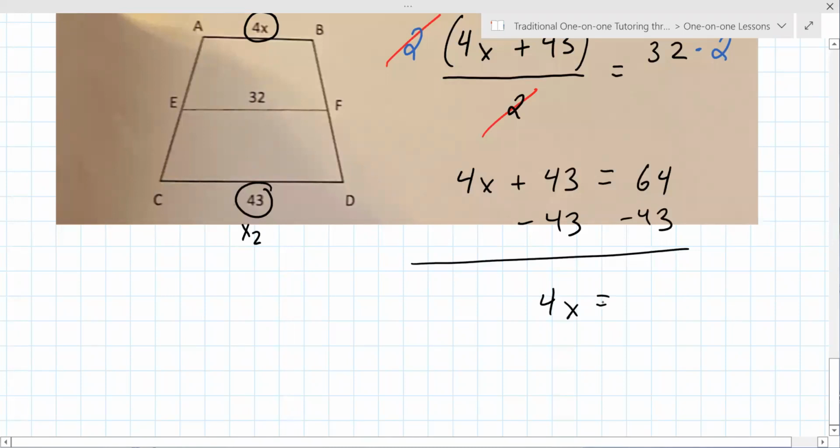What is 64 minus 43? 4x equals 21. Okay, good.